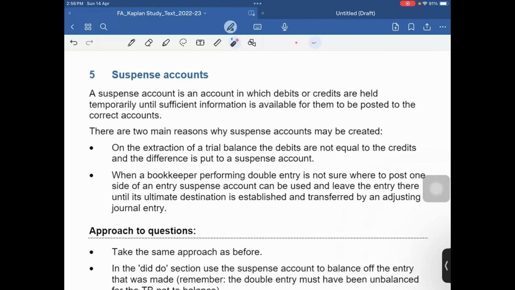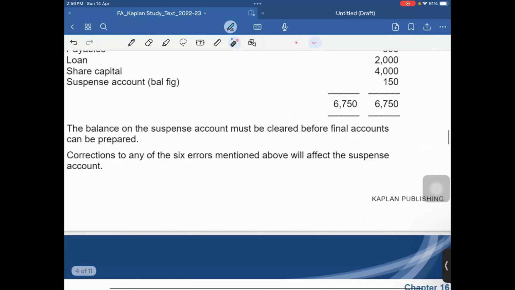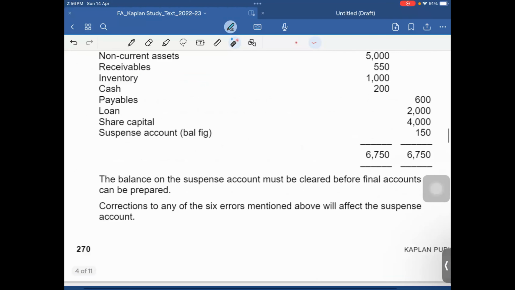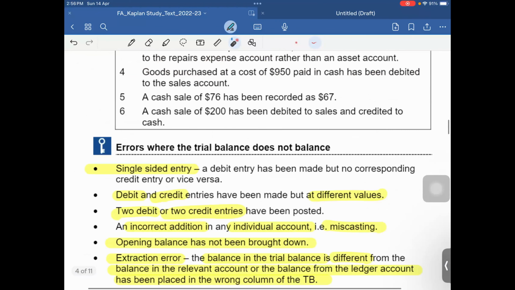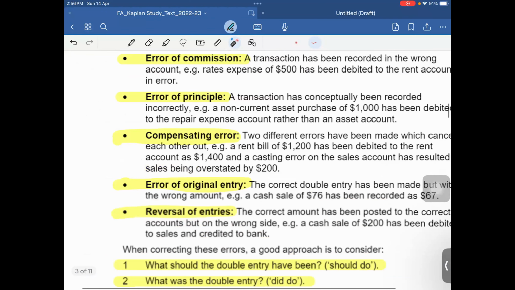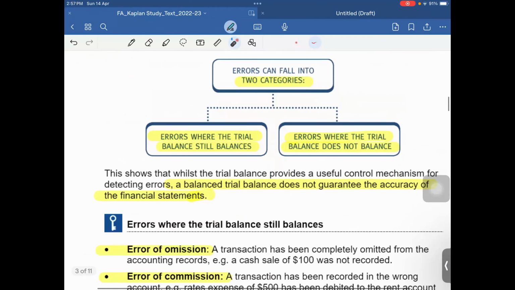So in the same way, there are errors that we have while we are preparing our financial statements. And the errors are of two types. The first type of error is when your trial balance is balanced, but there are errors.